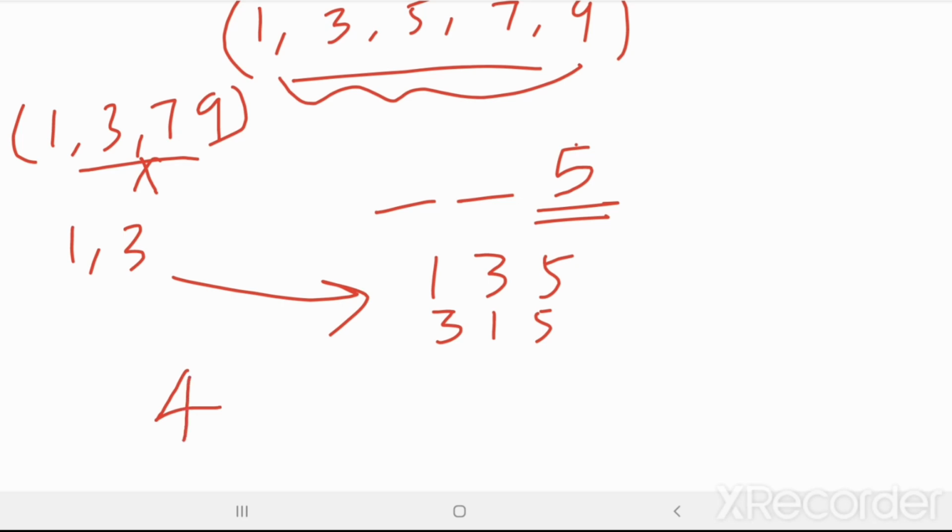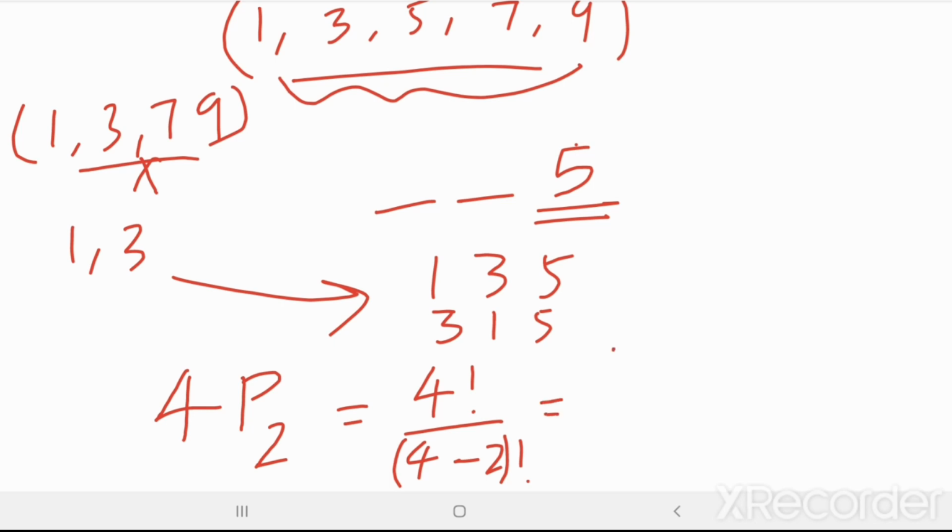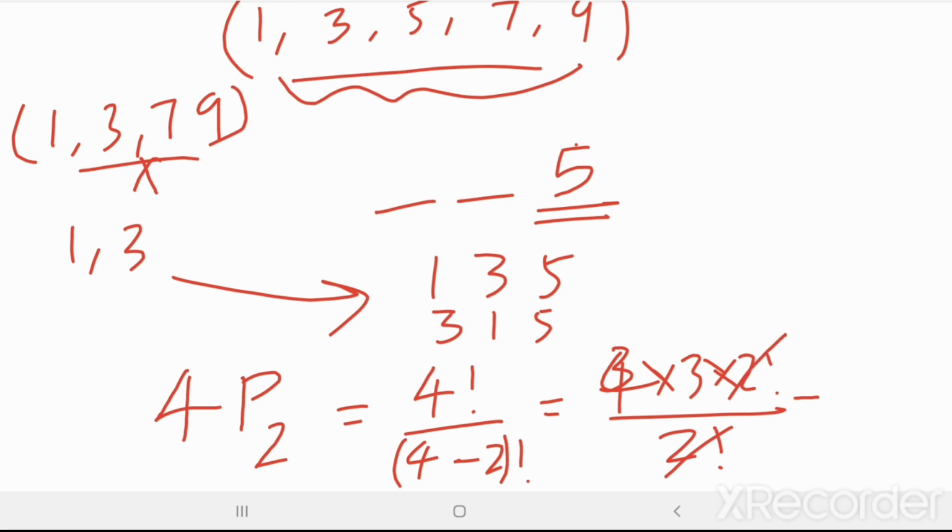Taking 2 digits out of 4 digits and arranging those 2 digits is 4P2 ways. 4P2 means 4 factorial divided by (4 minus 2) factorial. This is equal to 4 into 3 into 2 factorial divided by 2 factorial. 2 factorial, 2 factorial cancelled.